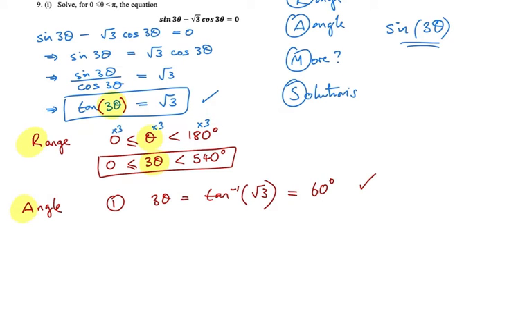Now, this is the really important bit. You might be tempted to say, well, 3 theta equals 60 degrees, so theta equals 20 degrees, and now I can kind of do my normal tan stuff, you know, plus or minus 180. Do not do that. Do not do that.